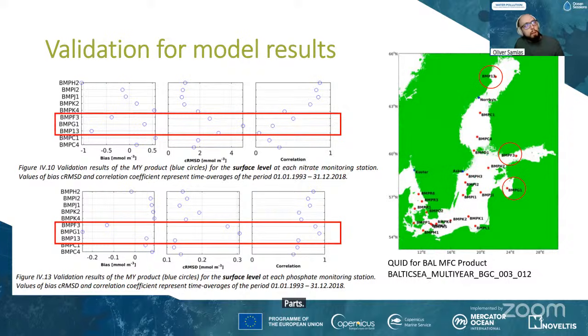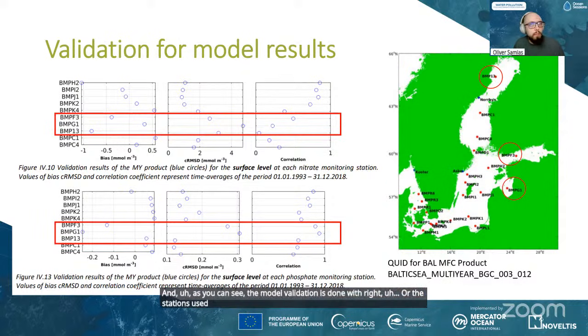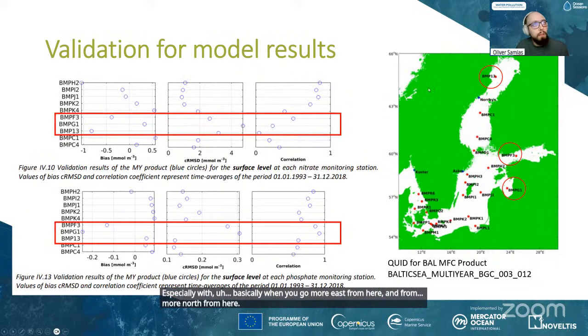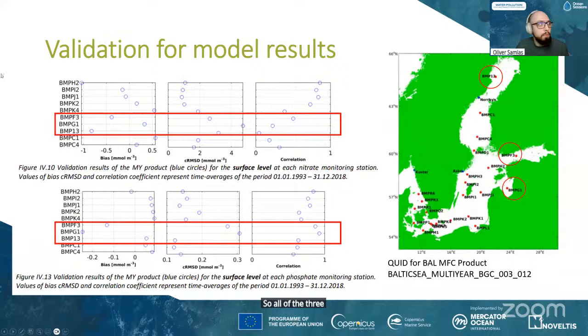Now, this is from the quality document of the reanalysis model, and as you can see, the stations used in the validation are quite sparsely situated in the Baltic Sea, especially basically you can go more east from here and more north from here. So all of the three basins that I mentioned before are also the ones that are the most different compared to the validation results.